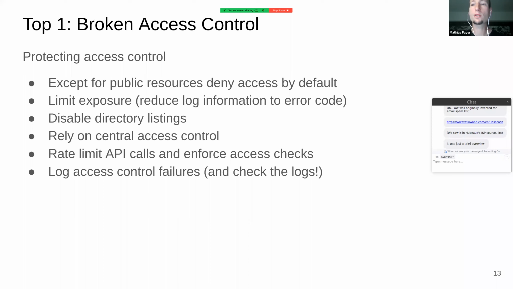So this is the most common issue that web applications have. Broken access control is the key issue that we are facing with web applications. So be sure to take special care and actually write down what the access control is and how this is being handled in your application if you ever develop a web application.